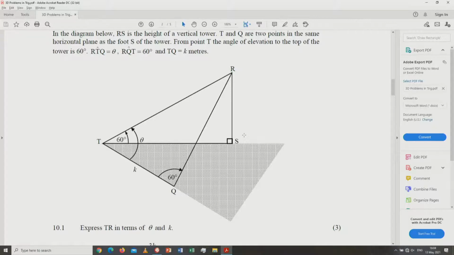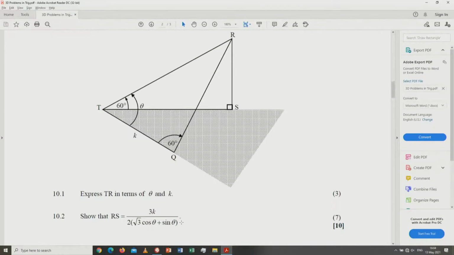This is the result that we obtained for 10.1. Next question, for 7 marks. Show that RS, where is RS? Look at RS. RS is equal to 3K over 2, the square root of 3, the cos of theta plus sin theta.